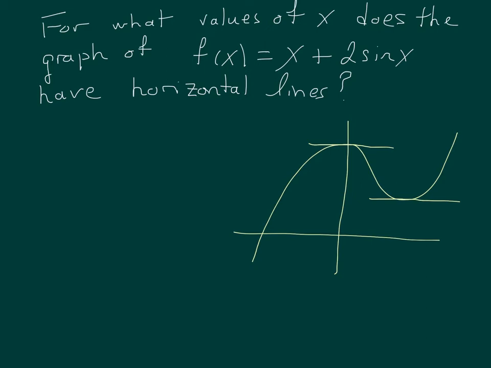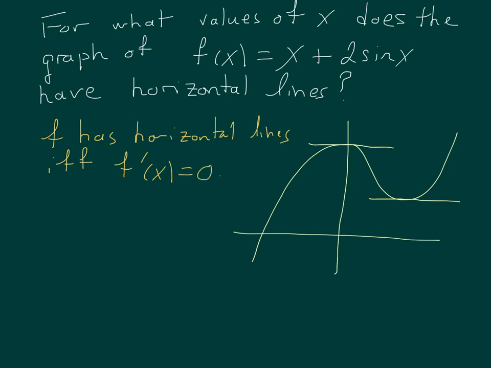All right, so let's just write this down. f has horizontal tangent lines exactly when, or exactly where, maybe I could just write, if and only if f prime of x is equal to 0. So we're trying to find where f prime of x is equal to 0.